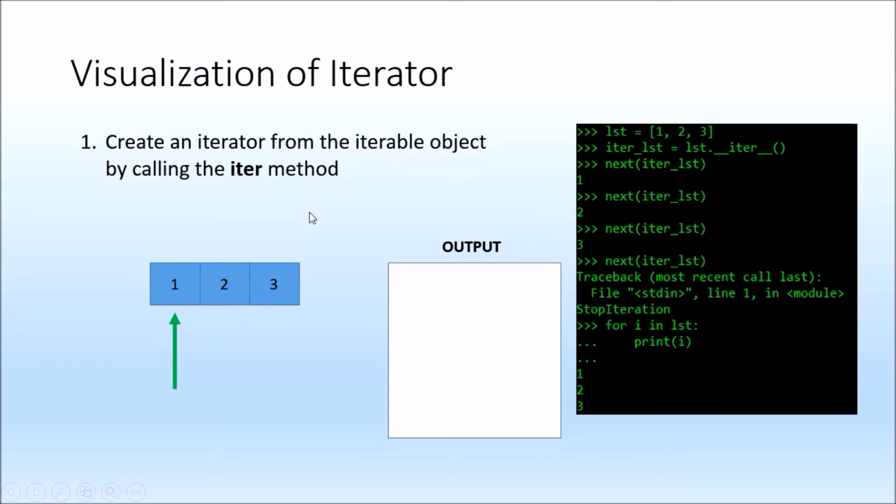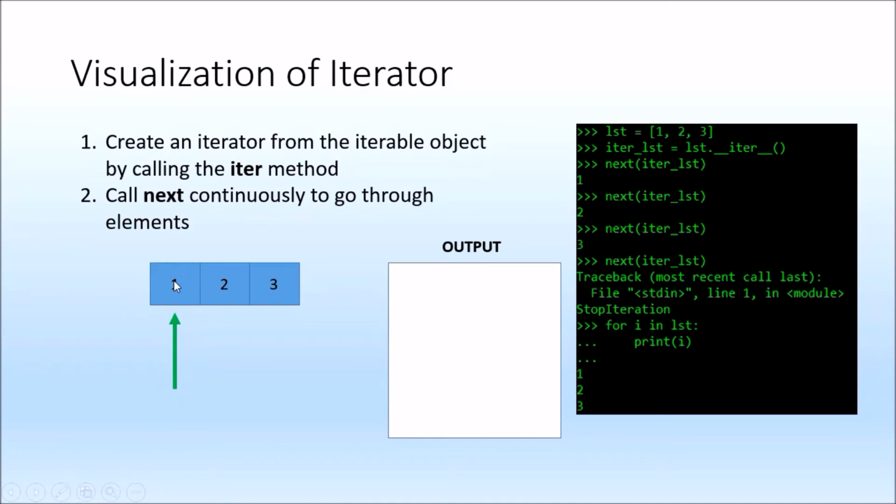But now, we're going to call the next method, and we're going to keep on doing this until we finish going through the list, or in the analogy, until we finish the book. I'm going to put these two together, so I hope this is very clear. In the first call to next, we're going to read the first page.